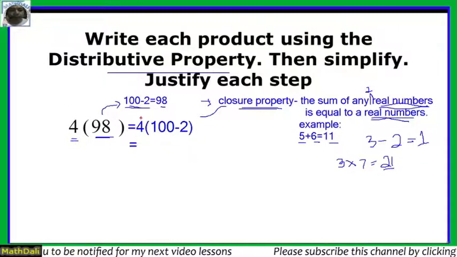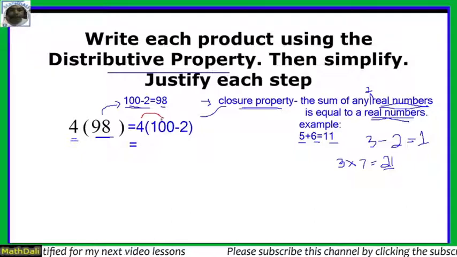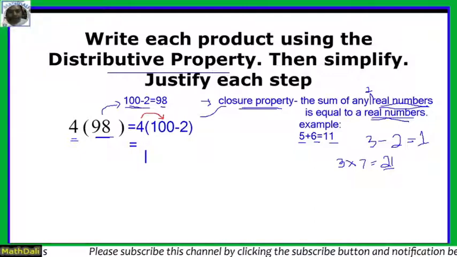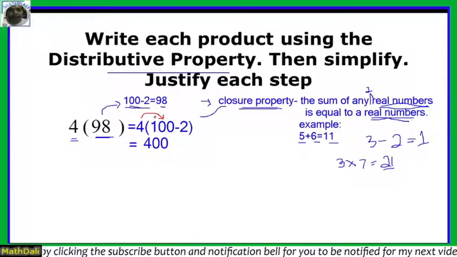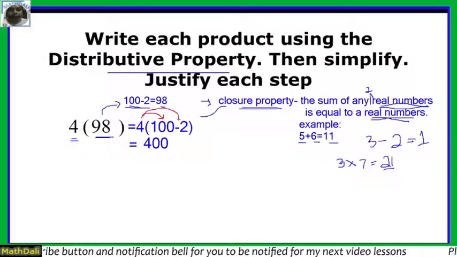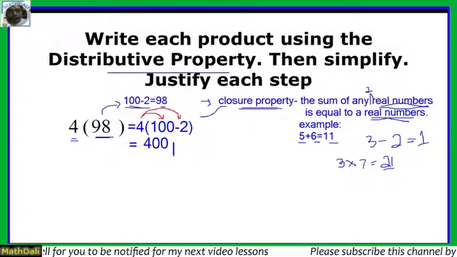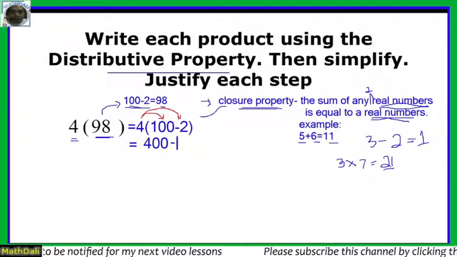Multiply natin to. 4 times 100, that will be equal to 400. And next, 4 multiplied by negative 2, unlike sign, positive 4 times negative 2, that will be equal to negative 8.